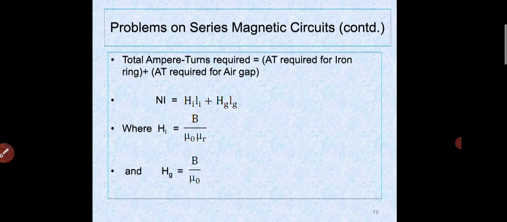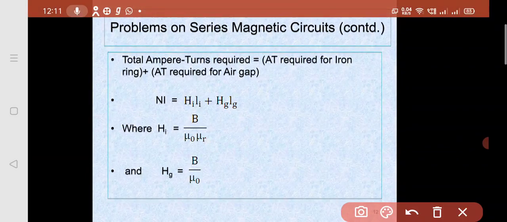So, the problem continues. Total ampere turns required is equal to ampere turns required for the iron ring plus ampere turns required for the air gap.